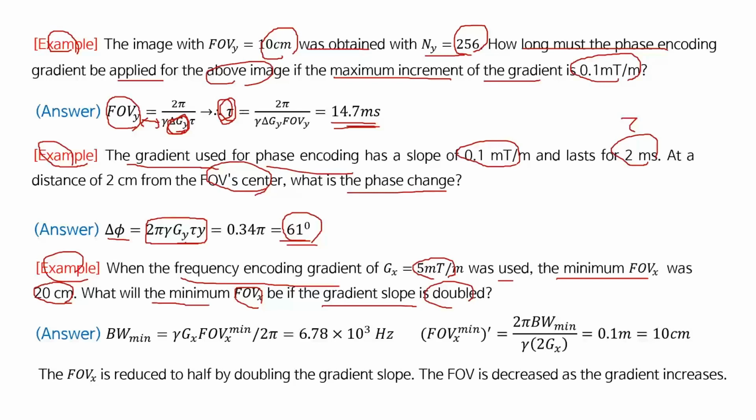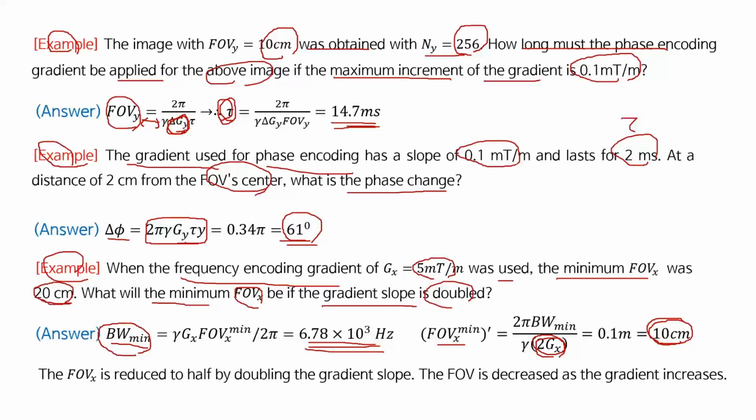So first, the minimum bandwidth can be obtained as this value, and now if we double the gradient slope, then the image size is decreased to 10 centimeter.